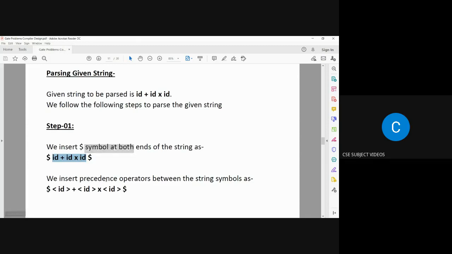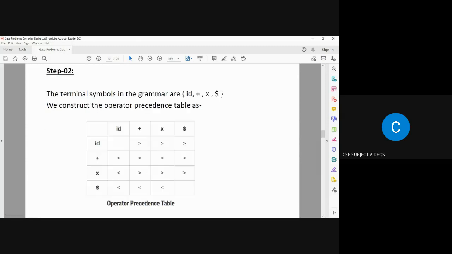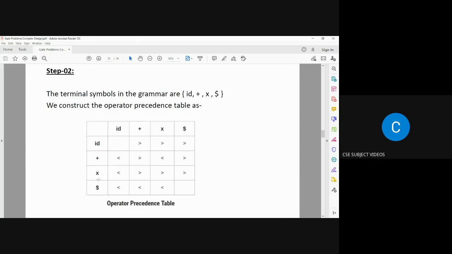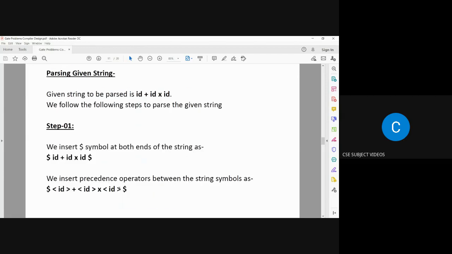Then we insert precedence operators between the string symbols according to this table. Consider dollar and then id. Dollar has lesser priority and id has higher priority, so dollar less than id.